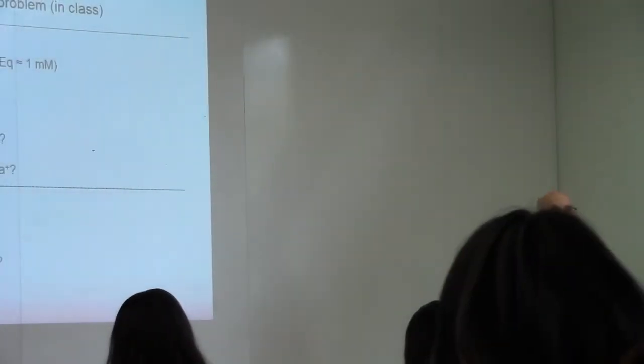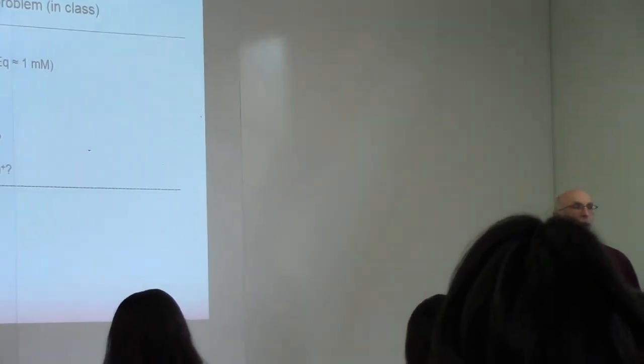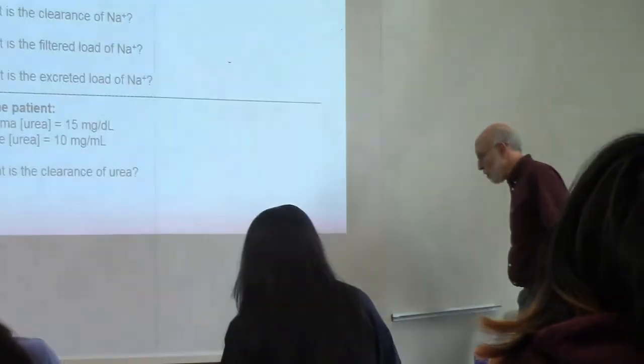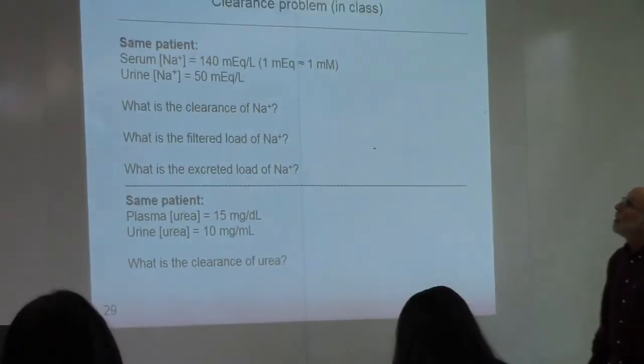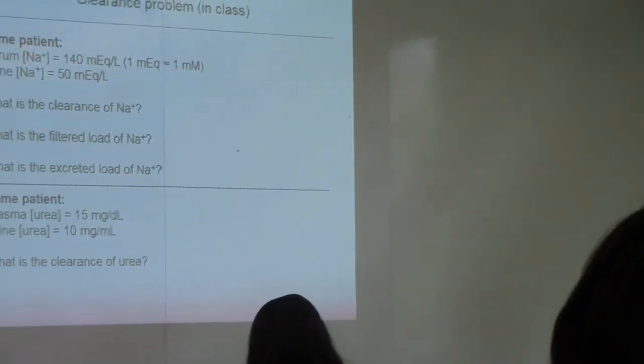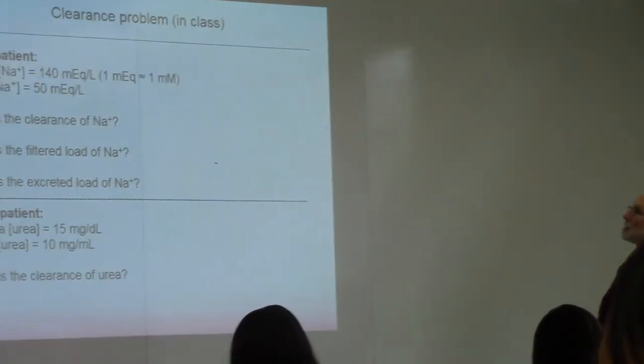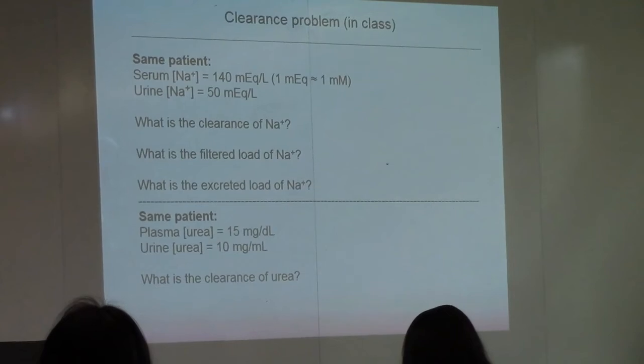Okay, same patient, that is to say, same GFR, same urine flow rate, everything is the same: same blood draw, same urine draw, etc. Okay, so the serum sodium concentration is 140 milliequivalents per liter. The urine concentration of sodium is 50 milliequivalents per liter.